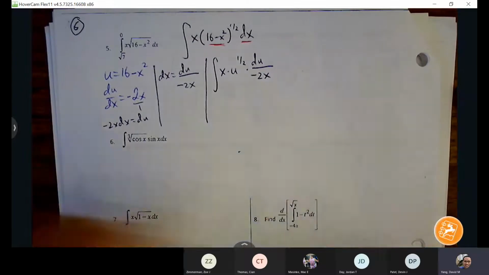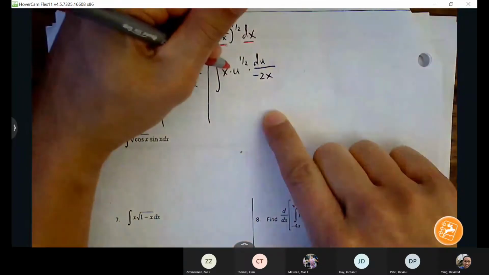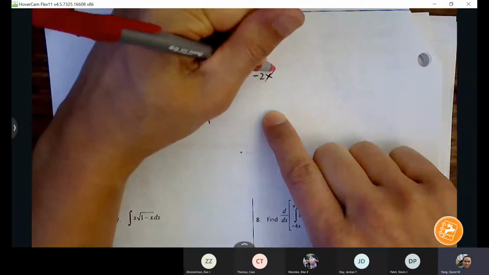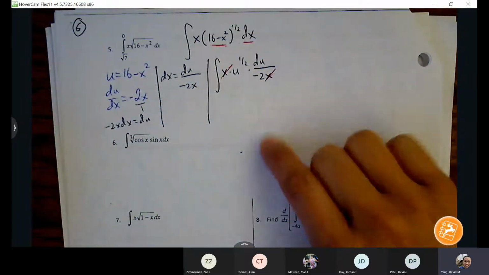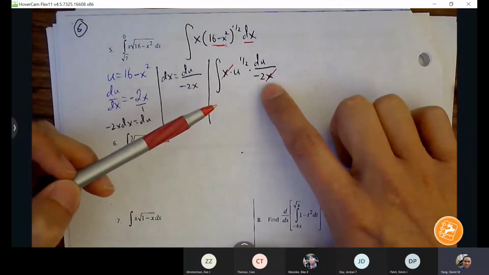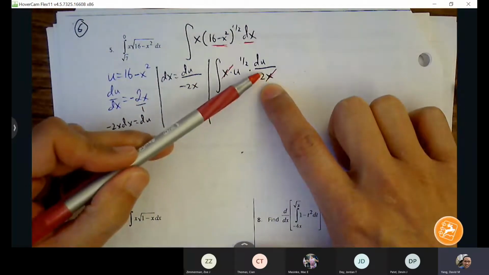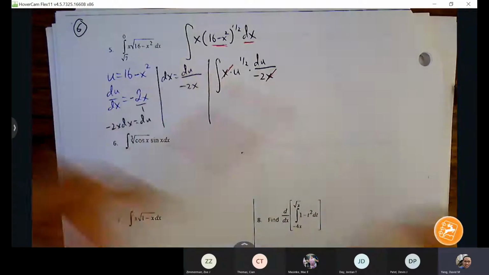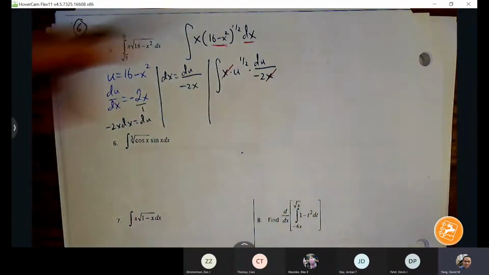The x's cancel out. That's good, right? We want the x to go away if we want to follow through with the power rule for U-substitution. There's a leftover coefficient. We've got to keep track of this -2. So it comes out as what? -1/2.